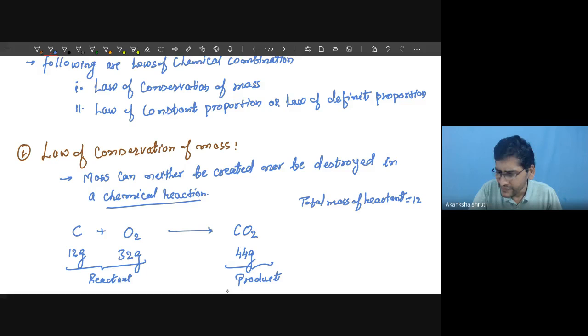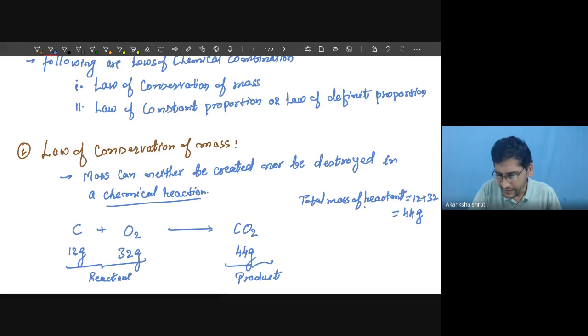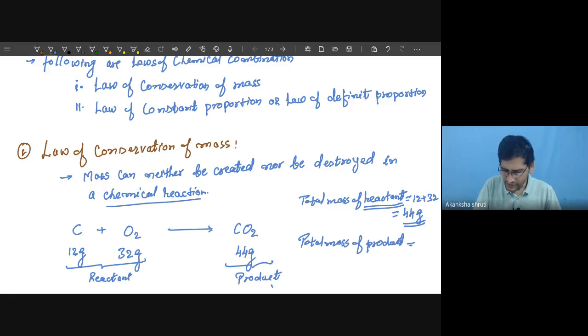Carbon 12 gram combines with 32 gram, so the total becomes 44 gram. And the total mass of the product which is formed, you just watch the product side, is also 44 gram.